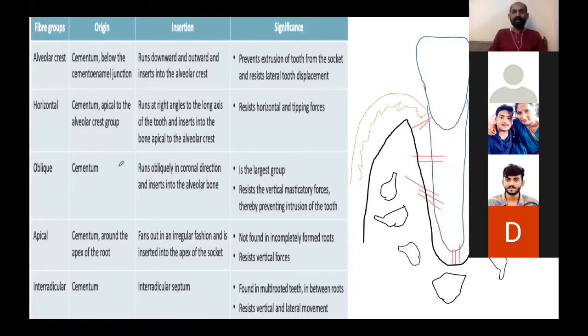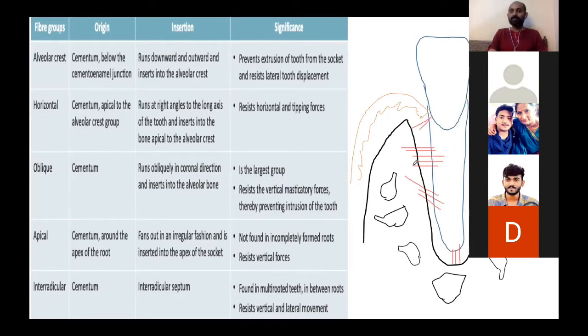Again, I'm repeating, the principal fibers are no different from collagen. Yes, the principal fibers or the collagen fibers. These collagen fibers are grouped together as bundles, and they are in different location when they perform different function. These bundles of collagen fibers are given different names, and hence they are performing the primary function.